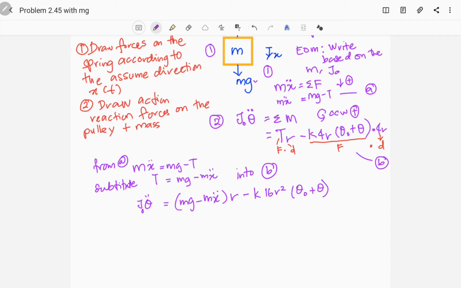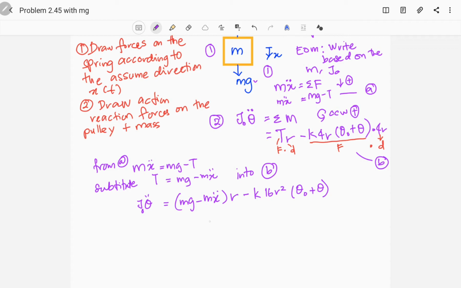So notice now we have the term x here, and you have the term mgr. And you can write your mgr in terms of your theta naught.